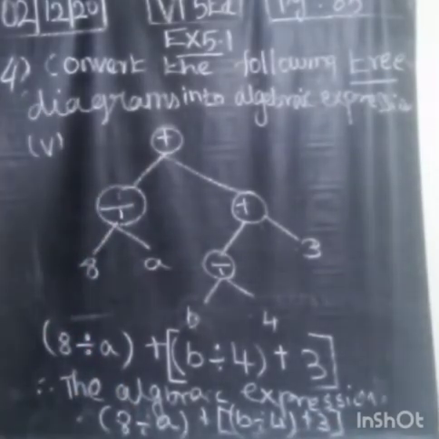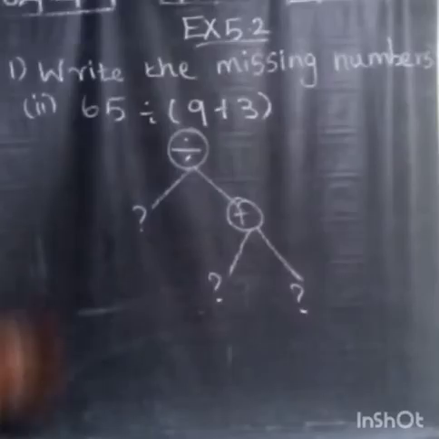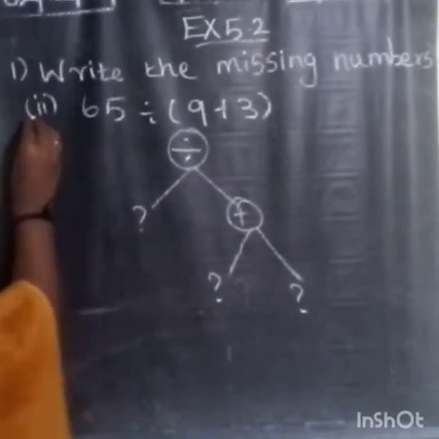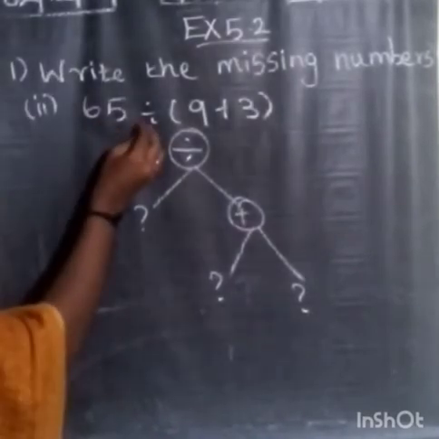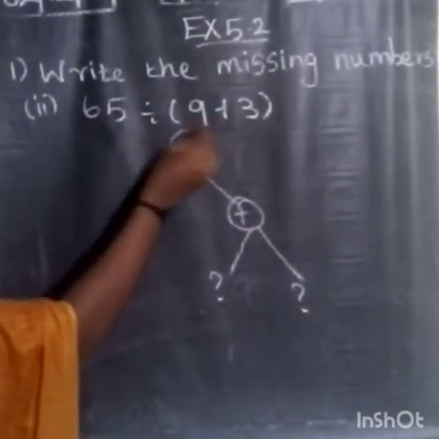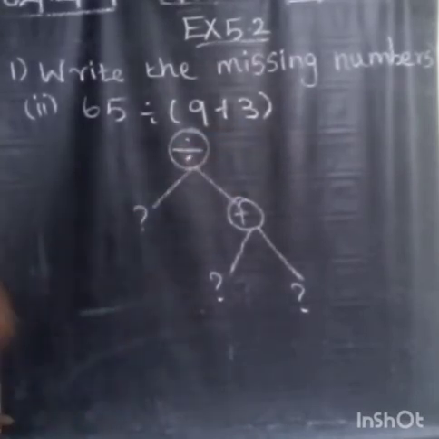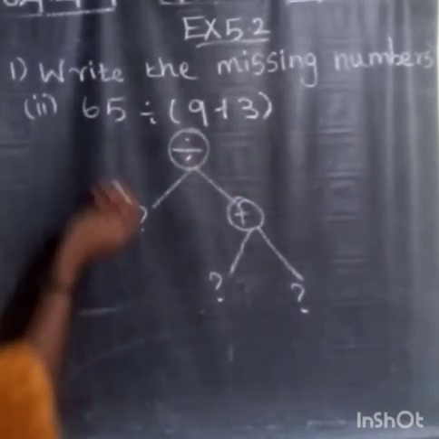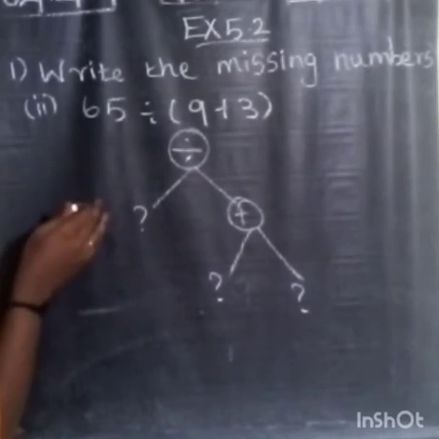Let us move on to exercise 5.2, question number 1. Write the missing numbers. Taking subdivision 2: 65 divided by 9 plus 3. In this problem the tree diagram is also given.